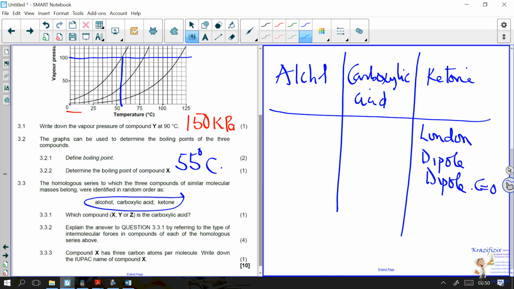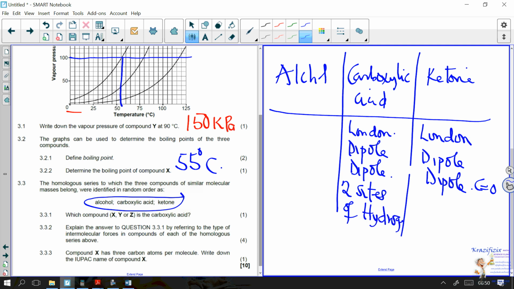Okay, we have London and dipole. In carboxylic acid, what do I have? I have London, I have dipole, and I have 2 sites of hydrogen bond. 2 sites of hydrogen bond.